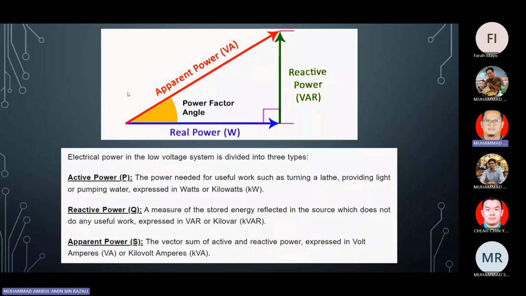Next is reactive power, Q. Reactive power is a measure of the stored energy reflected in the source, which does not do any useful work. Reactive power is expressed in var or kilovar. The last is apparent power. Apparent power is the vector sum of active and reactive power. Usually, apparent power is expressed in volt-ampere or kilovolt-ampere.